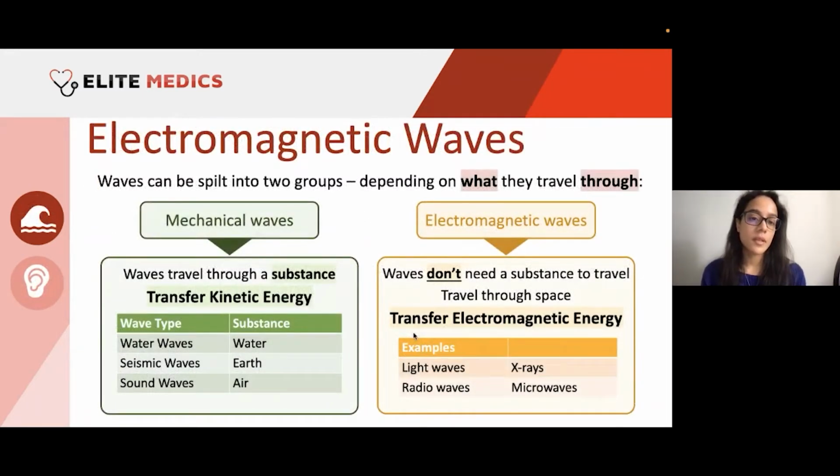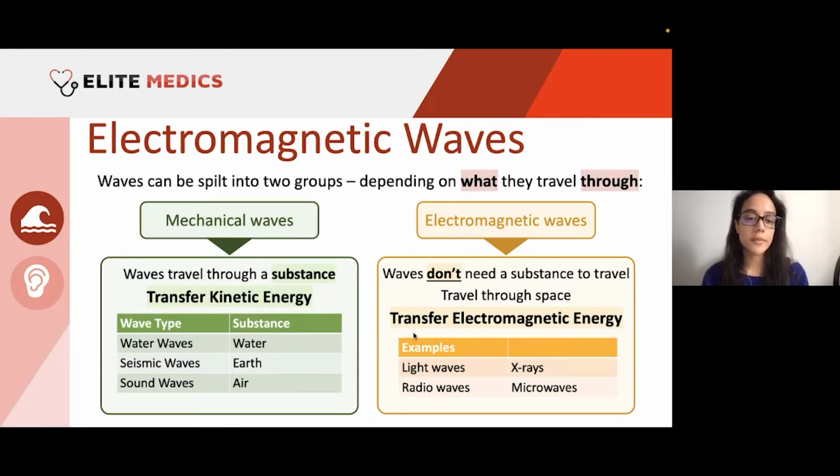Okay, so electromagnetic waves. Waves can be split into two groups depending on what they're actually traveling through. You've got mechanical waves. Examples of these would be water waves and seismic waves, which are waves that travel through the depths of the Earth. Sound waves are also types of mechanical waves.